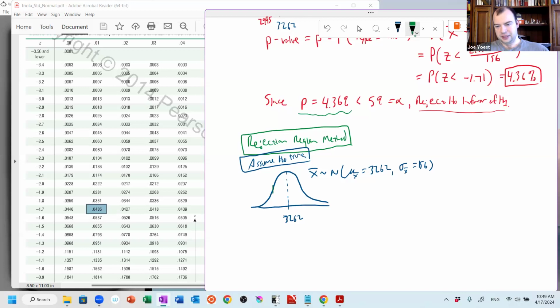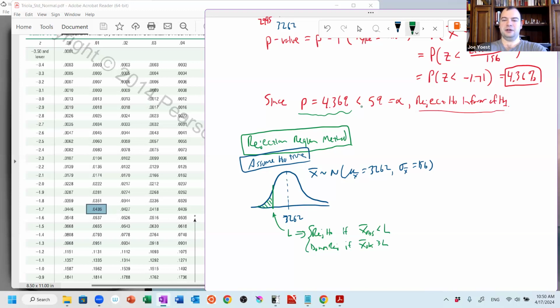What I would like to do is come up with, say, a lower bound L, or a left bound L, that represents a cutoff X bar observed, where I can reject H0 if X bar observed is less than L, and do not reject if X bar observed is bigger than or equal to L. I would like to make a decision criterion like this.